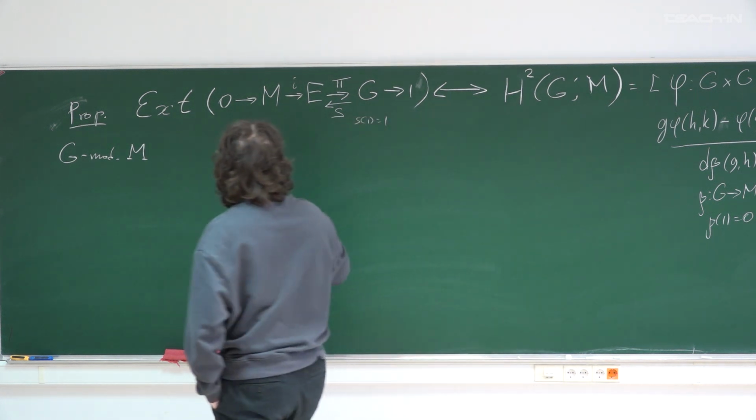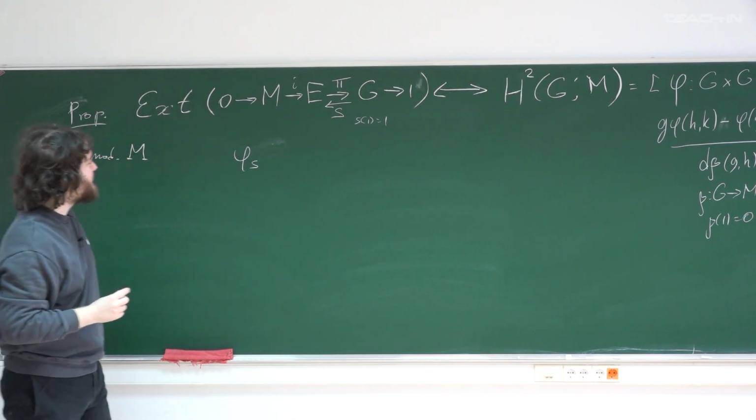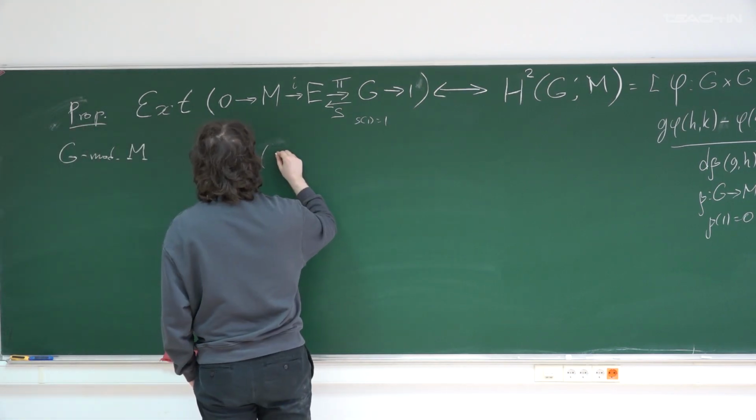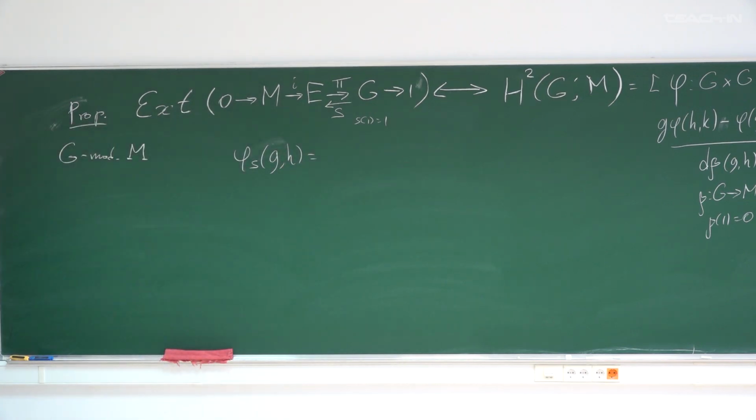And then we can define a cocycle that depends on this section. The value at g, h is just, yes, in this order.